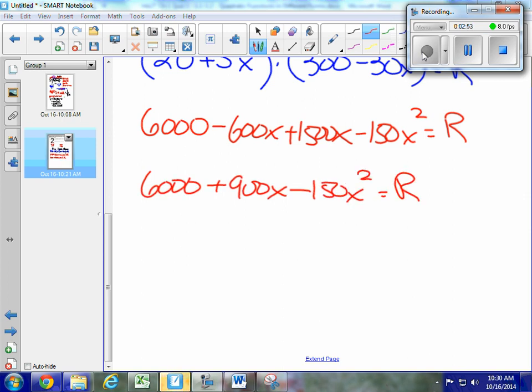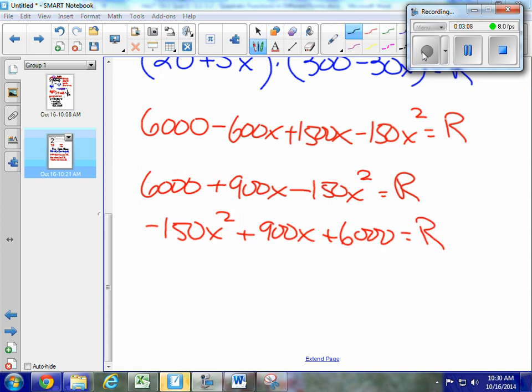And let's put it in standard form. Negative 150x squared plus 900x plus 6,000 is equal to r. That kind of makes me happy because since my a is negative 150, I know I'm going to have a parabola that opens down, which is going to give me a vertex that will be a maximum.